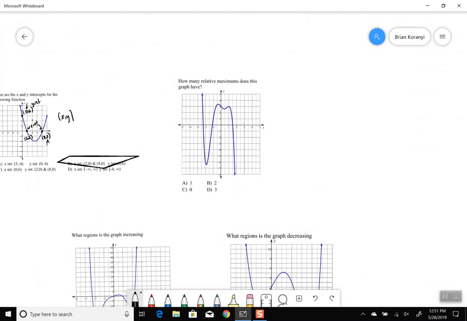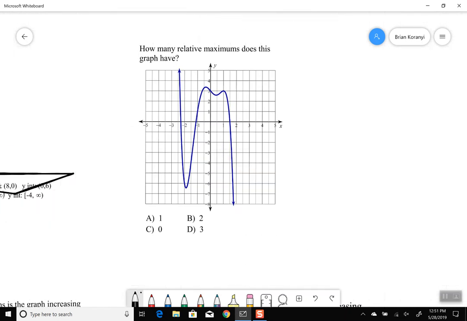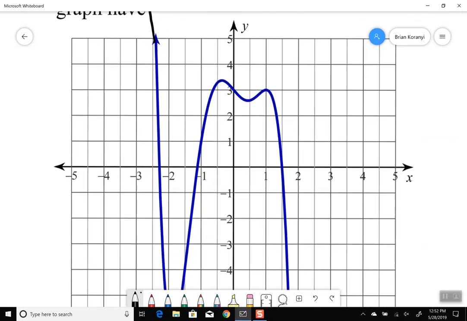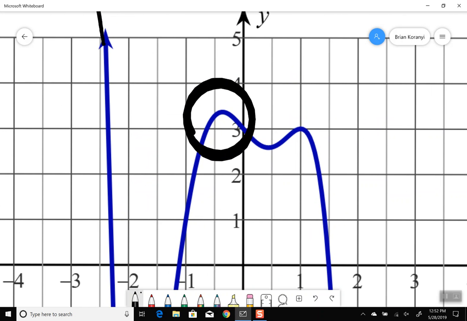How many relative maximums does this graph have? So relative maximum is this. I know relative means like in a location. And so if you zoom in on a location, could you tell what the maximum value is? So because this graph goes up forever, there's no absolute max. But if I'm looking in a particular region, like if I zoom in on, say, right here, this location, I can tell that right here there's a highest point.